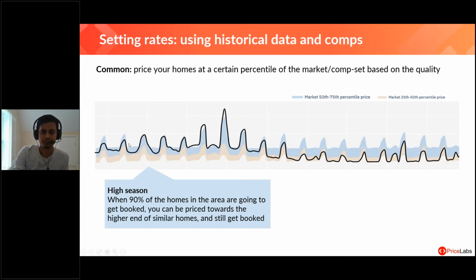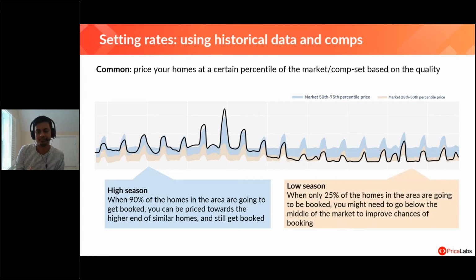So for example, during high season, when 90% of the homes are going to get booked, even if you're an average property, it doesn't make sense to say, hey, I should stay in the middle of the market, especially if nobody else is adjusting their rates. You can be a lot higher. If almost everything is going to get booked, you can raise your prices and still expect to get booked, in which case you're making more money.